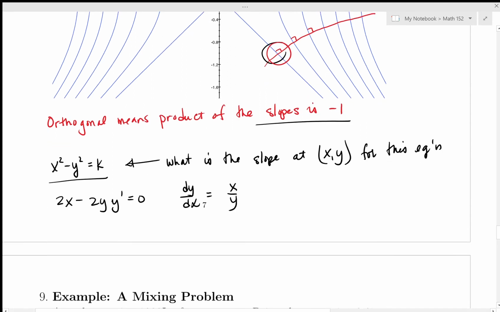Now, I want to know what the equation of the orthogonal trajectory is. That is the red line. So this was step one.